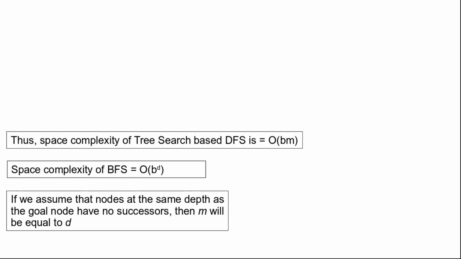Now, if we assume that the nodes at the same depth as the goal node have no successors, that means if we consider d as the depth of the shallowest goal node, then all the nodes at depth d don't have any more successors, which means the maximum depth in that tree will be d.